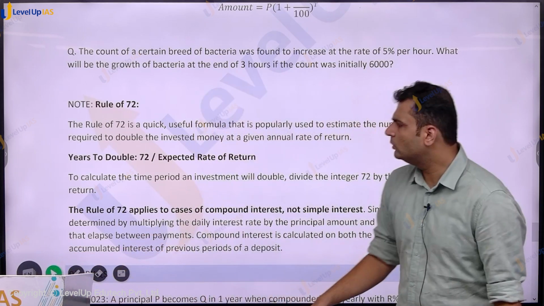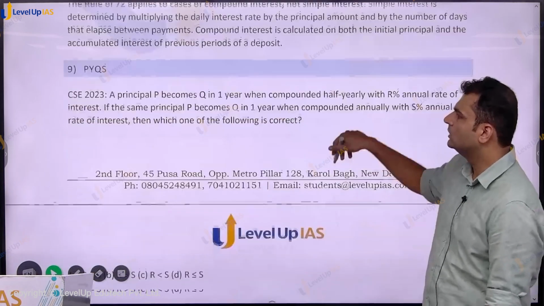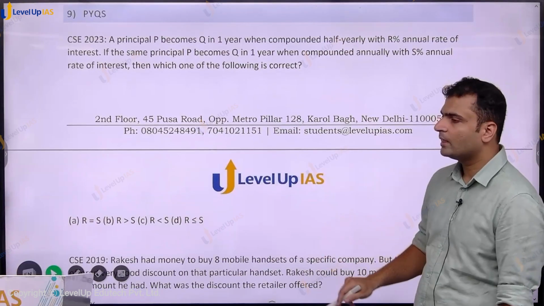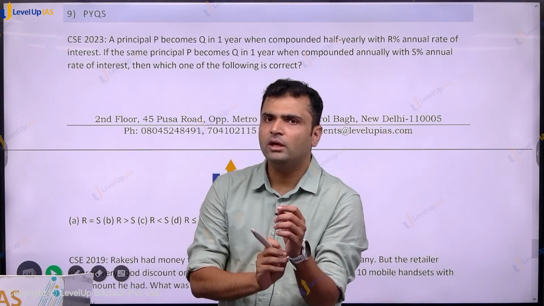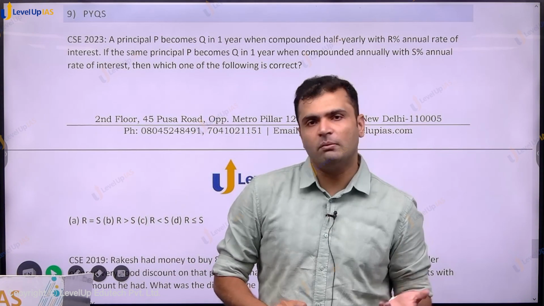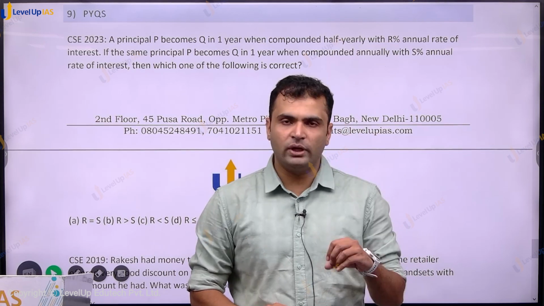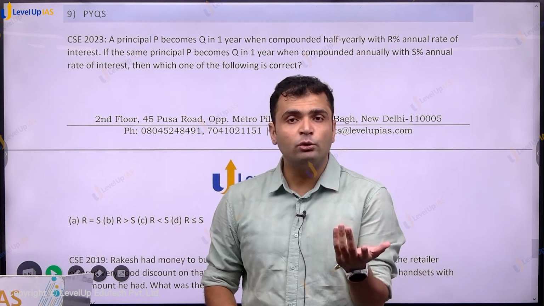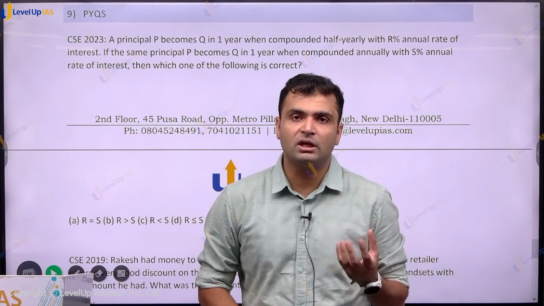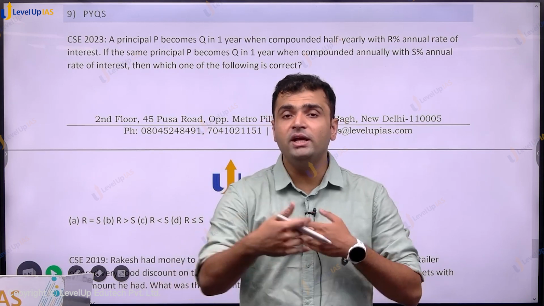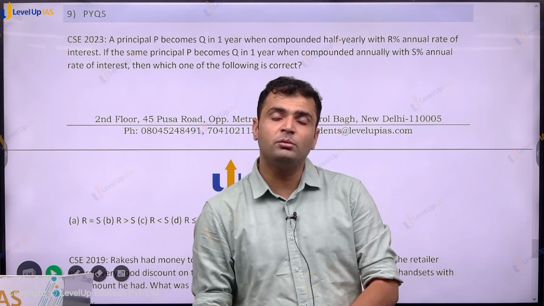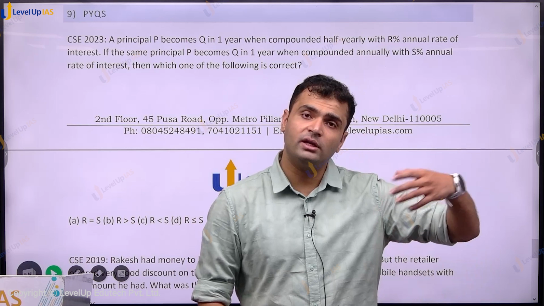Fine, nothing new. Now let us go to PYQ. This was asked this year. One more thing I want to tell. The more times you compound, the more money you will get. For example, I have told you the example of annual compounding. After 1 year, your interest will be treated as principal for the next year.